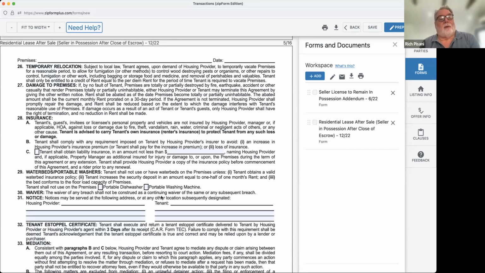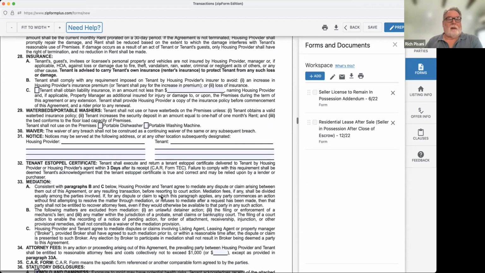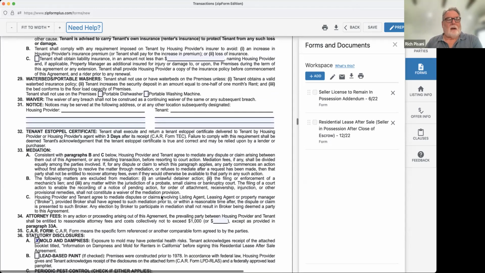They can ask for you to obtain liability insurance, and name the buyer as additionally covered. Water beds, obviously. Nobody likes a water bed anymore. Never did.